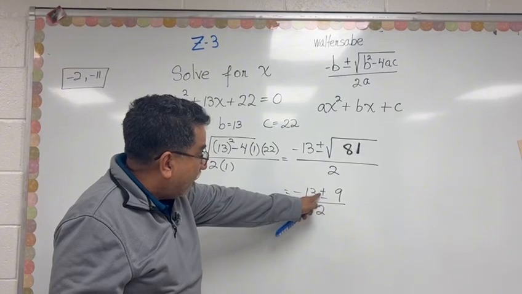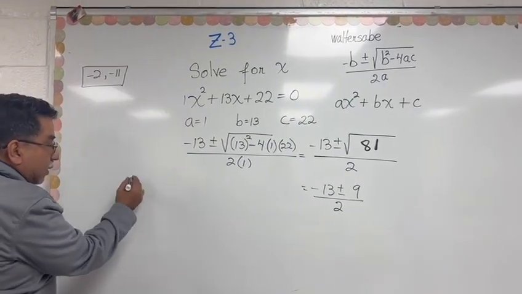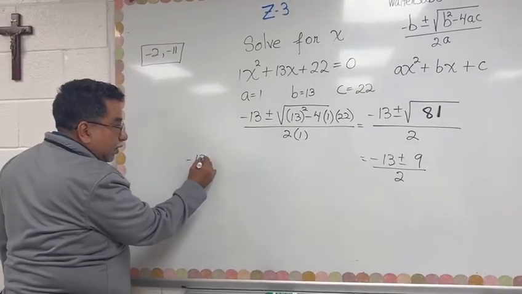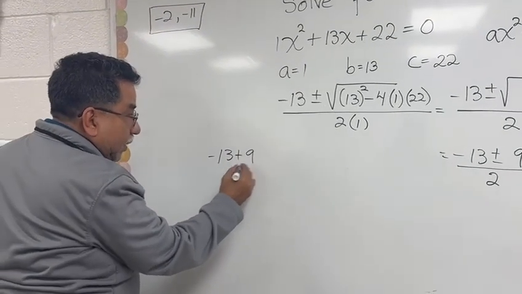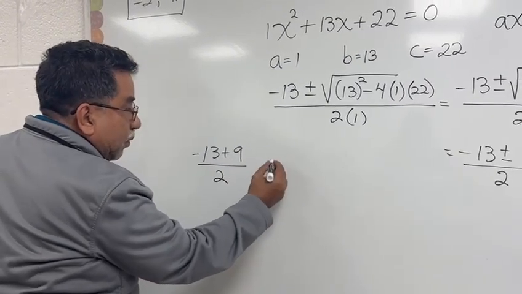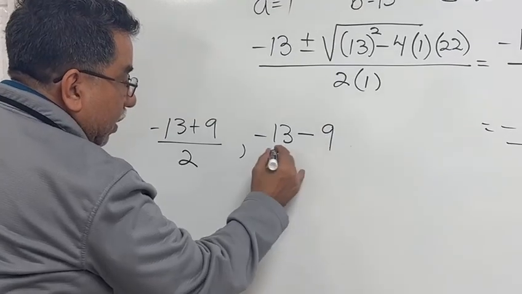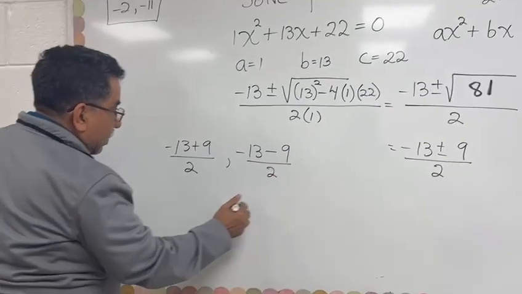One using the plus and another one using the negative. Let me do that over here. One solution will be negative 13 plus 9 over 2. The other solution will be negative 13 minus 9 divided by 2.